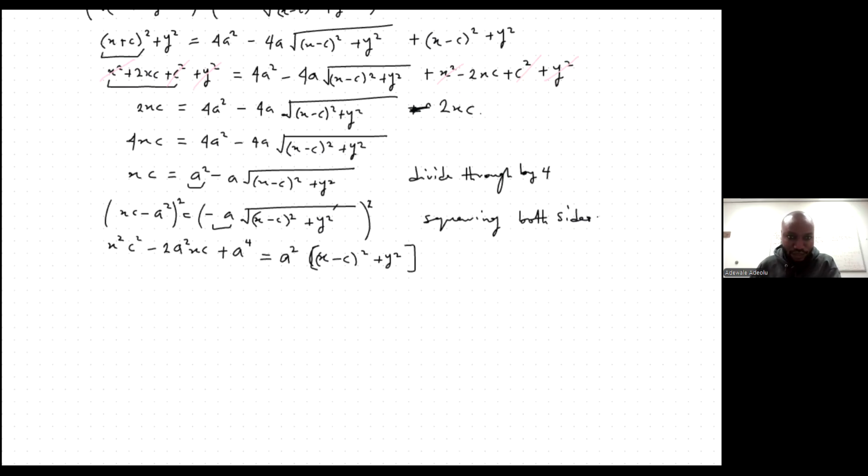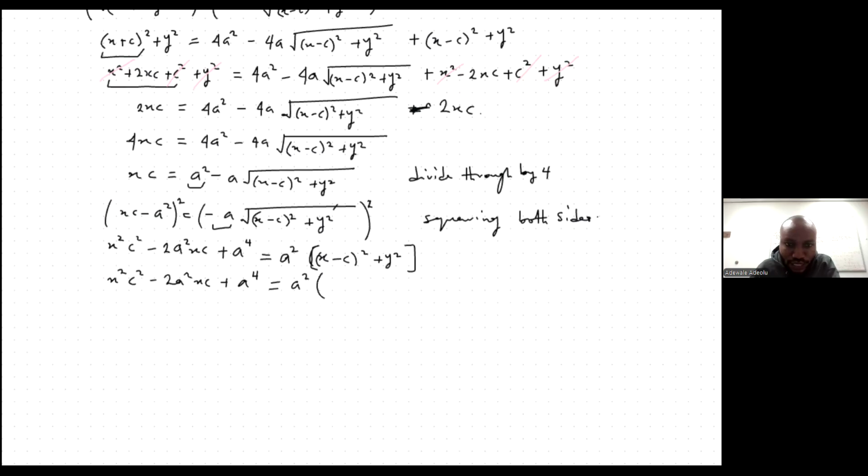So I have x squared c squared minus 2a squared xc plus 2a raised to power 4, plus a raised to power 4 equals a squared.